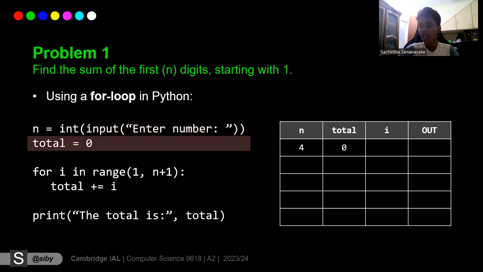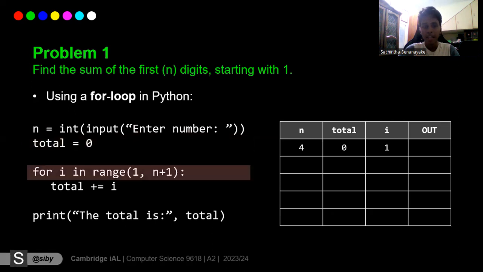And then the total is set to 0, right? Of course, the question asks us to find the sum of the first n digits. Right now, we haven't added any of the digits, so it is 0 at the beginning. And then we establish a for loop that starts counting at 1 and stops counting at 4. Now, you might be wondering, if it stops counting at 4, why do we say n plus 1 as the stop value of the for loop?